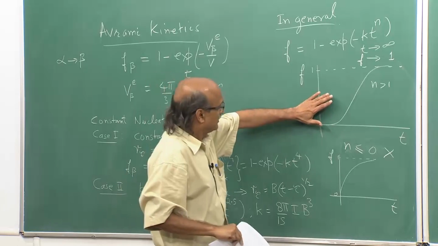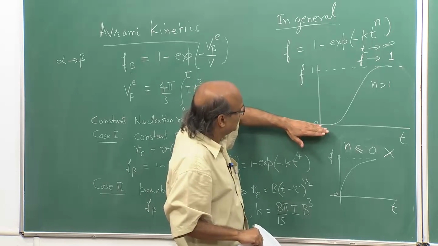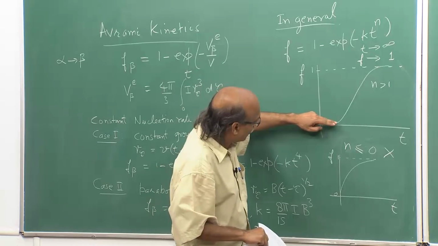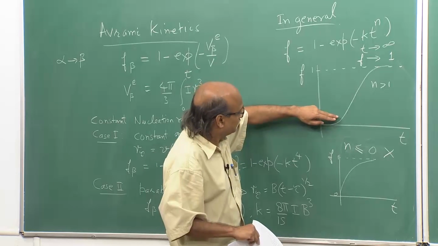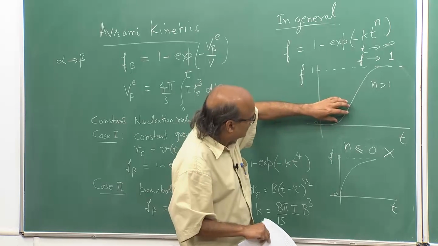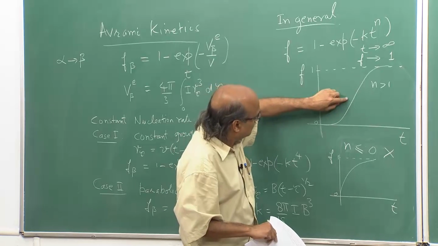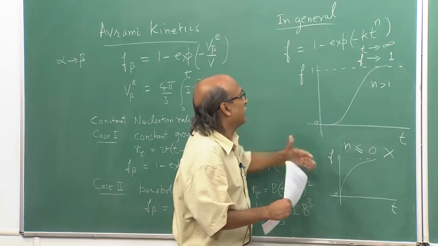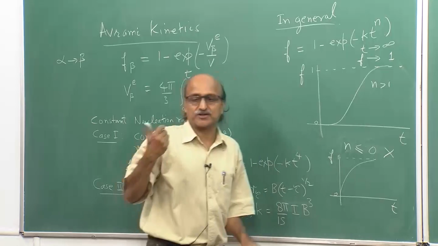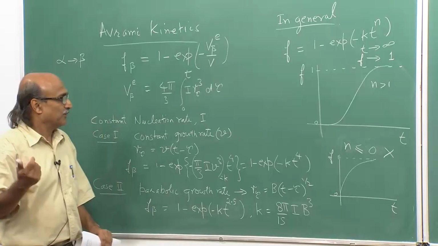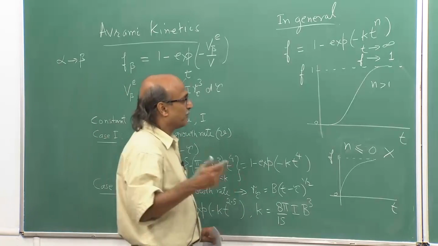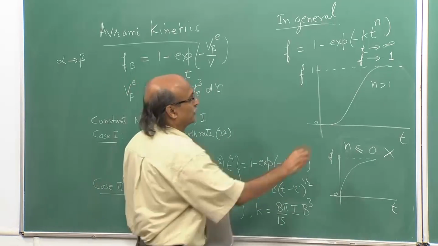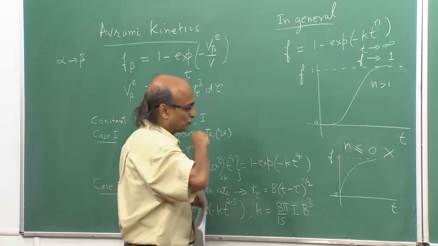It can be explained on the basis that initially very few nuclei are present and hence the rate is slow, and then a large number of nucleation has occurred by this time and they are all growing, so the rate is going up, but towards the end now the fraction of untransformed material has become less, and hence the number of new nuclei that are forming are also reduced, and therefore your transformation rate slows down.